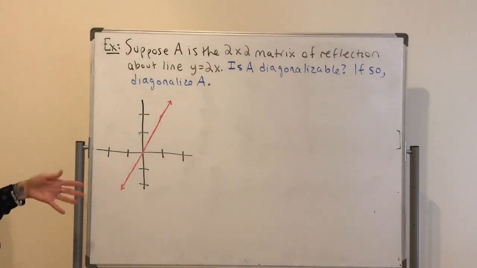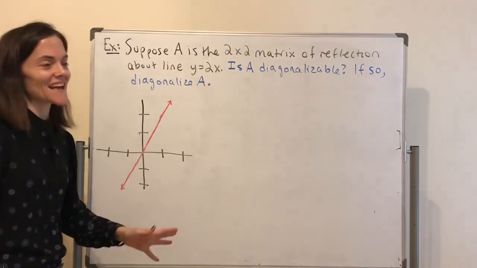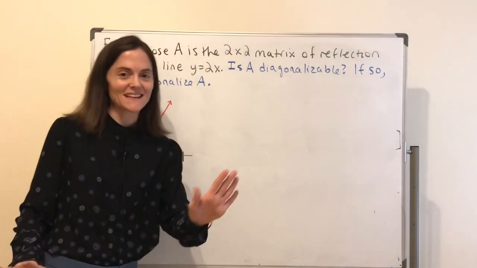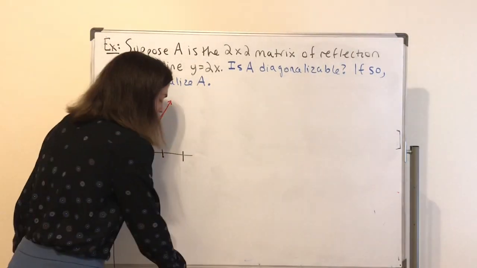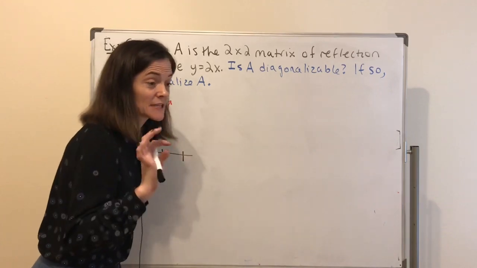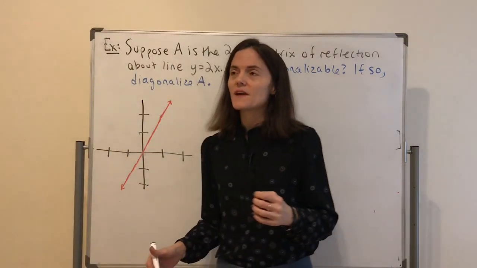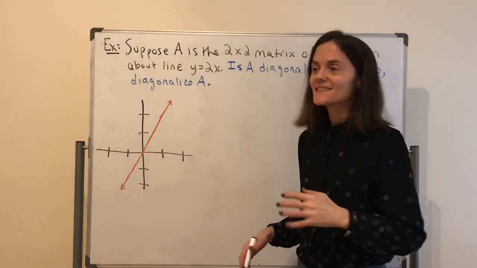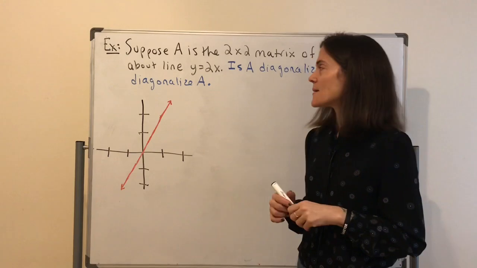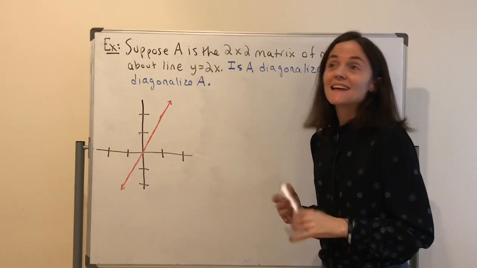And we want to ask ourselves, is this diagonalizable? And if so, let's diagonalize it, meaning finding the S and finding the B. I'm not just going to think geometrically, I'm going to do this full problem, which means I will find A, and I will verify, for instance, that AS equals SB. So we're going to try to really understand these concepts in this 2 by 2 reflection example.